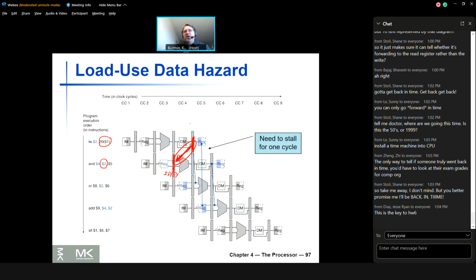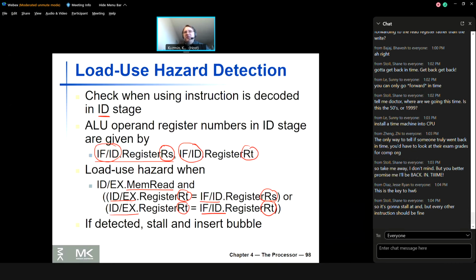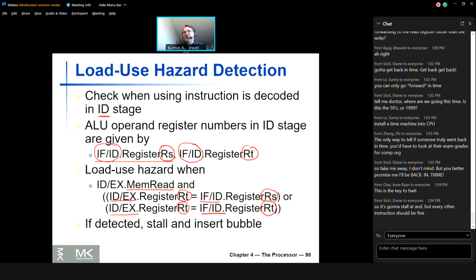It happens after EX, so this is EX/MEM, and this one is MEM/WB, and this one is IF/ID. So we know that yes, it's the ID/EX register RT, and it's the same as the IF/ID register RS.